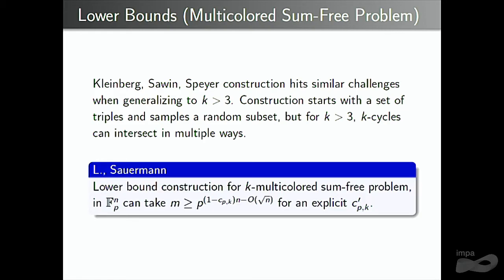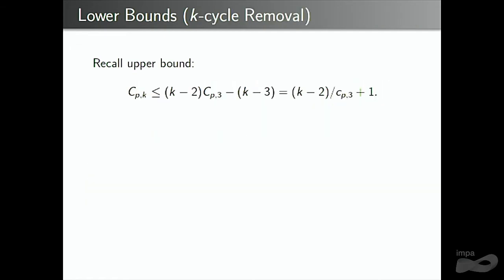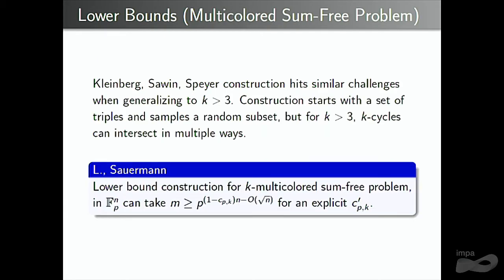Now here we have managed to make it work with some additional ideas. So we have been able to come up with a lower bound construction with Lisa for the k multicolored sum-free problem, which is sharp, which matches the upper bound in the multicolored sum-free problem.